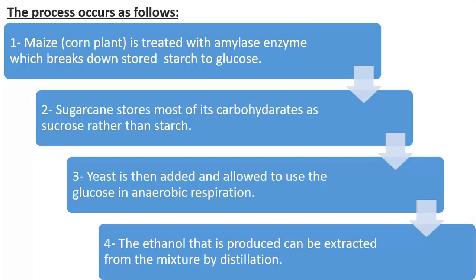It has carbon dioxide, yeast, glucose, and ethanol. So I will extract the ethanol by a process called distillation. The process of distillation simply takes out the ethanol from the mixture. Okay, so now I have ethanol.